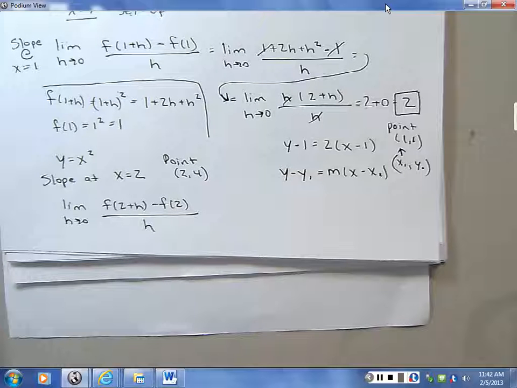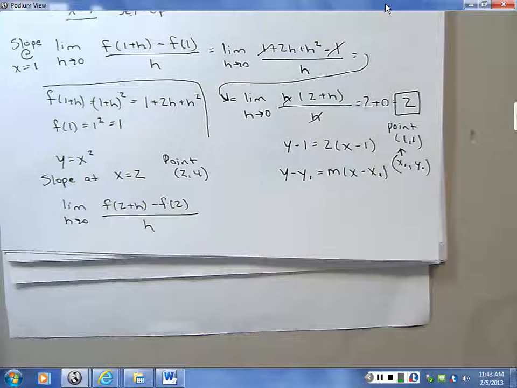So what would be your point? If I plug in, my x is 2, what's my y? Well, it's when you plug in 2 to your equation, and your equation is x squared. Good. So you have a point and a slope, so you can write the equation of the tangent line.